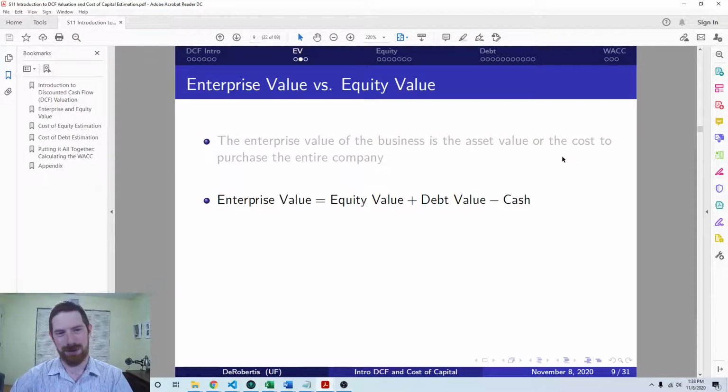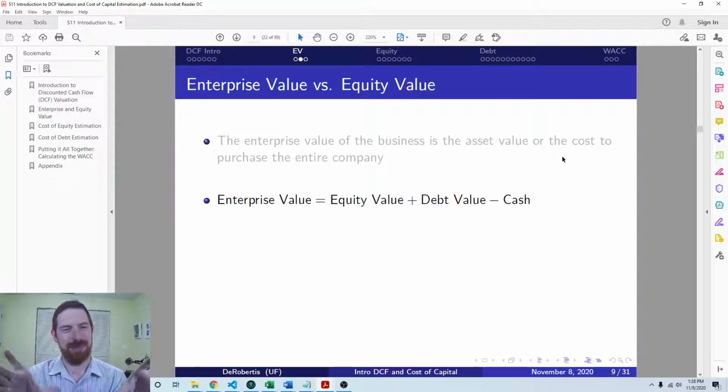Now, say that one of them says, I'm going to go issue $10 million worth of stock. They issue the stock and get cash in return for that stock. So now they have 10 million additional dollars of equity and also 10 million additional dollars of cash on the asset side. And so the balance sheet still balances, right?